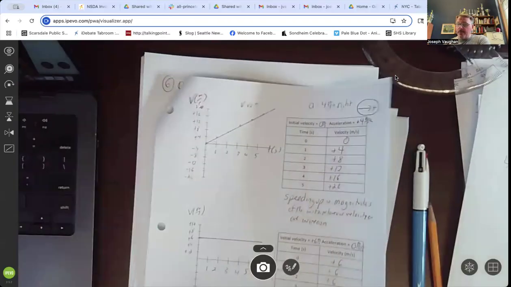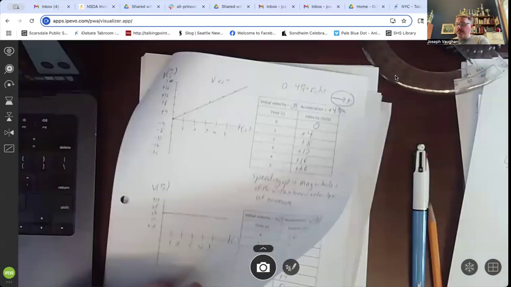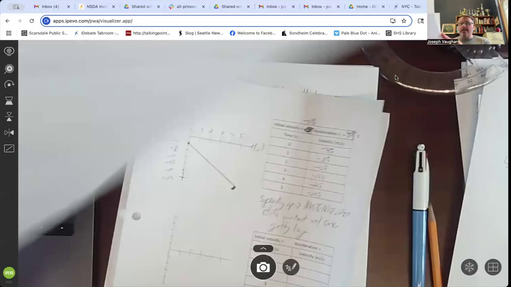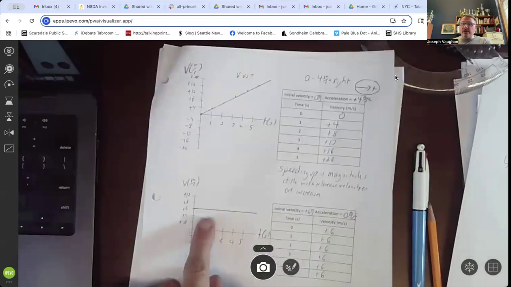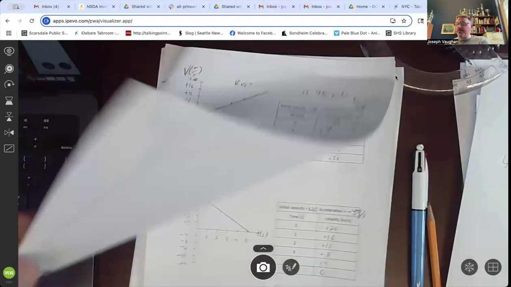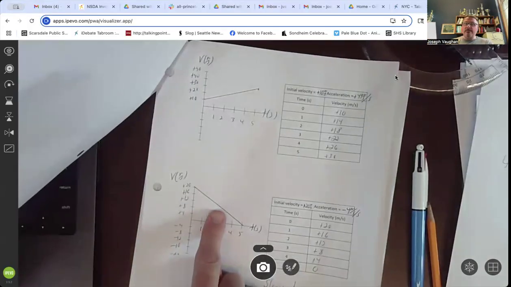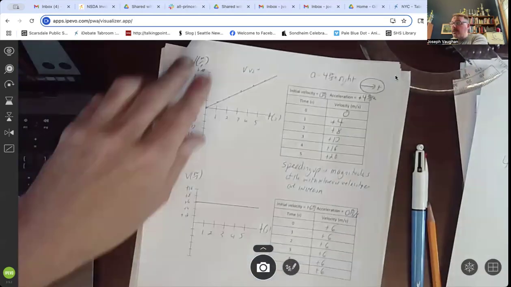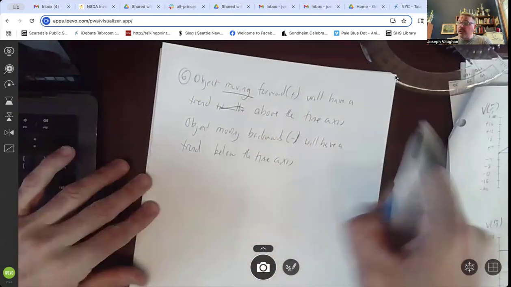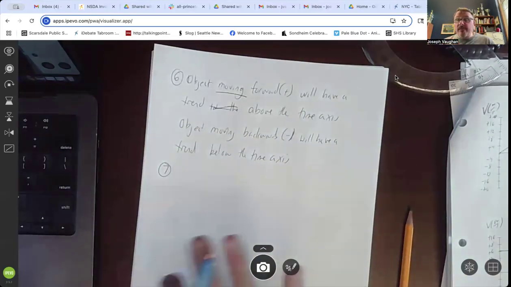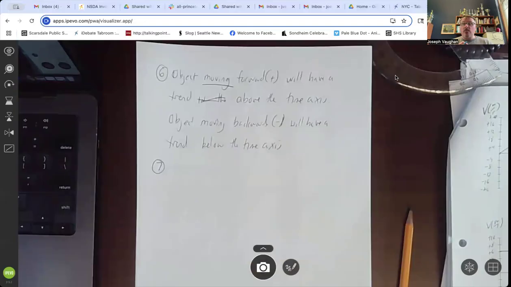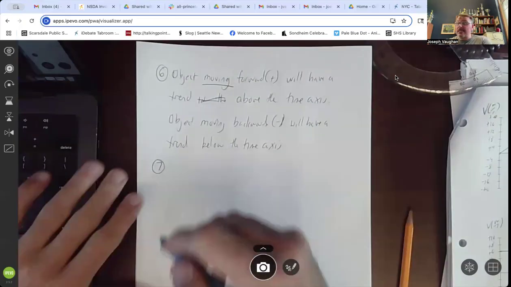That's speeding up, and that's speeding up. This object is neither speeding up or slowing down, and that's slowing down. Hopefully, what you can see as a trend is that the way to observe on a velocity versus time graph whether the trend says speeding up or slowing down is the relationship of the trend to the time axis.